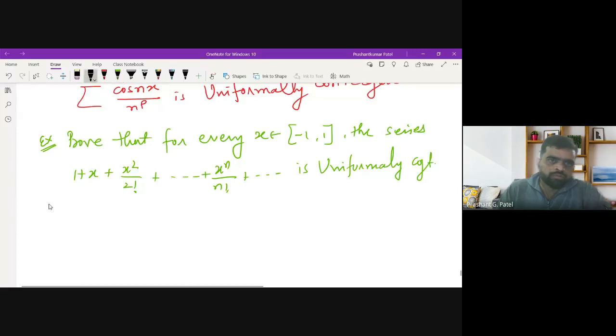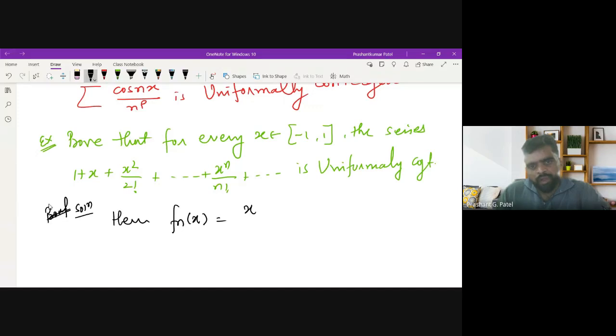So if you write the solution for this, here your fn of x is x power n upon n factorial. This is your fn of x.